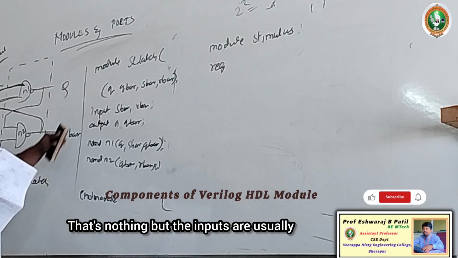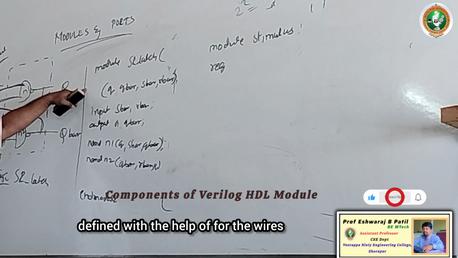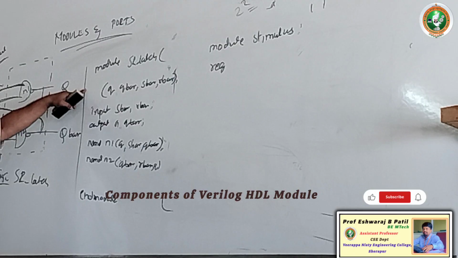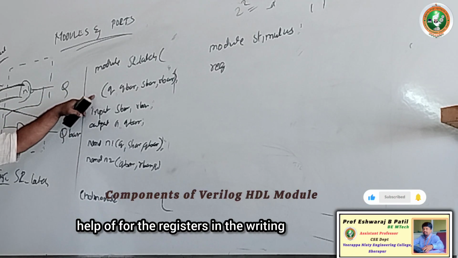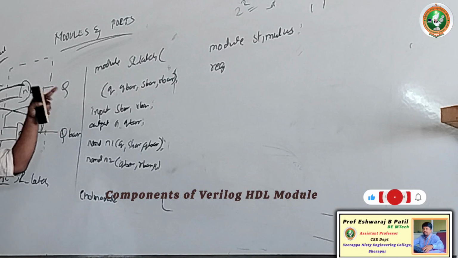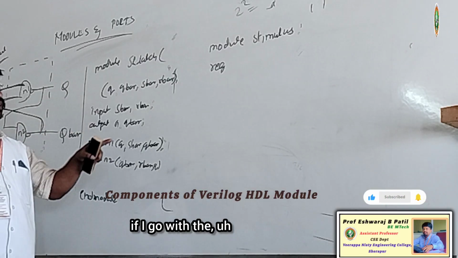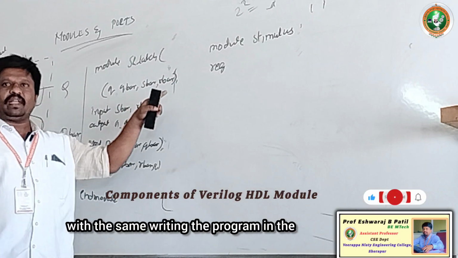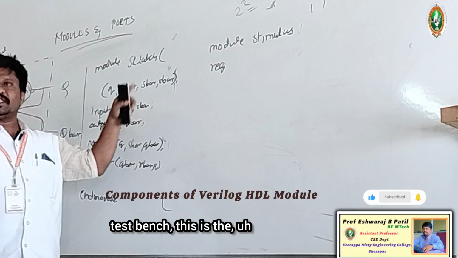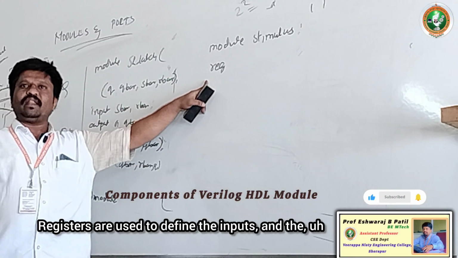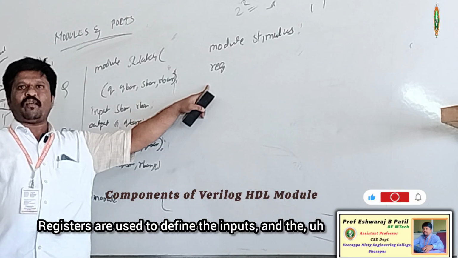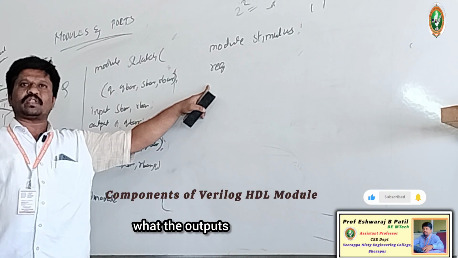Inputs are usually defined with wires, and outputs are usually defined with registers when writing a program in Verilog HDL. In the test bench, it is the opposite of this.